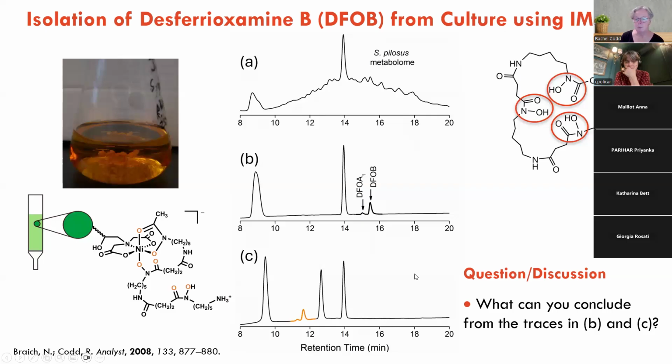So the purpose here is just to try and get some rigor about interpreting a result such as this. There's a number of things that you can conclude in terms of the number of species and also whether or not they have an affinity for iron.